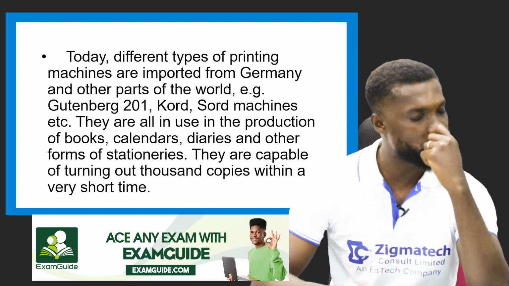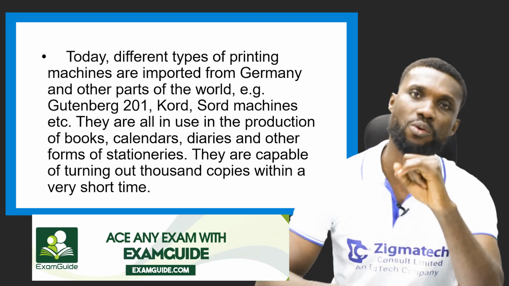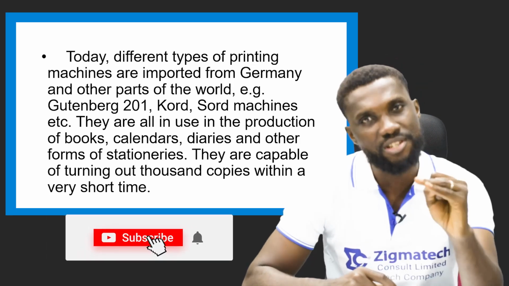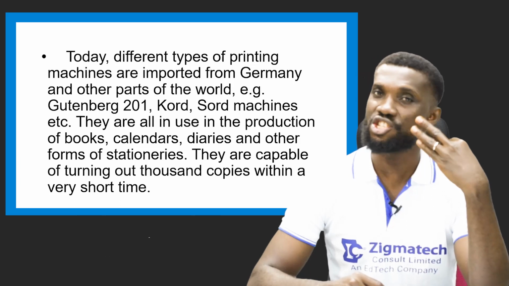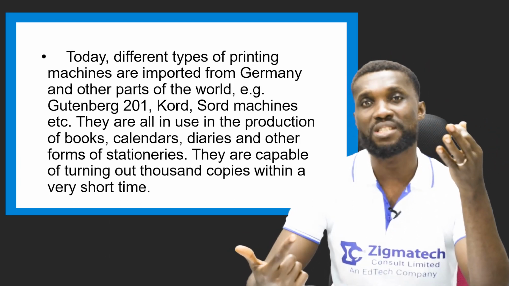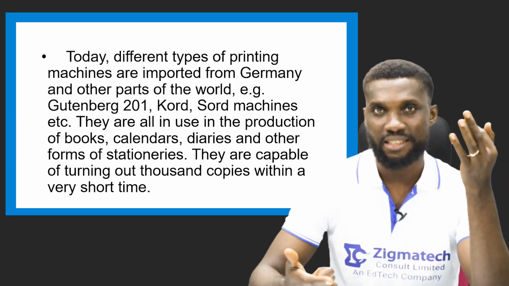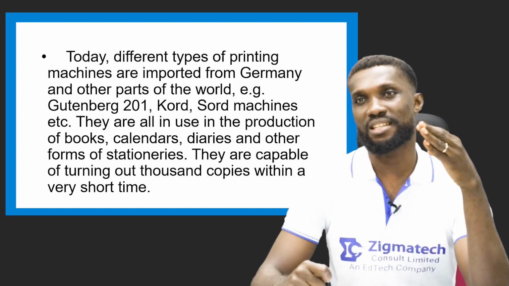Now there are some things I want you to know in the course of this class. I want you to understand that Johannes Gutenberg was the very first person that invented the first printing machine. He was from Germany. I also told us that the Egyptians were some of the pioneers of printing. They were the ones that started printing. As a matter of fact, civilization started in Egypt. They pioneered it.